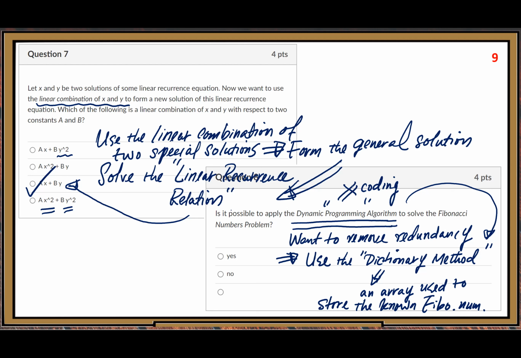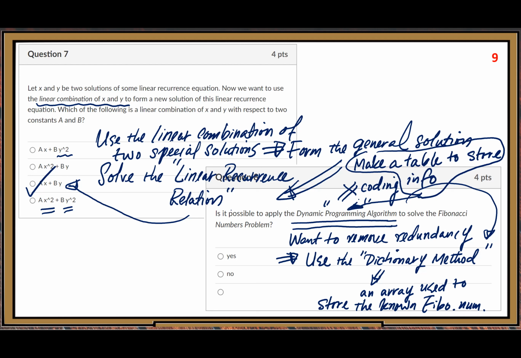The programming here just means make a table to store information. So it's an early-time meaning.